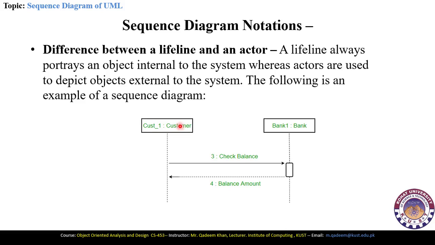So it means that in the lifeline there are two different classes here, but the actor will always lie outside of this sequence diagram somewhere here. So this is the example of the sequence diagram which shows the difference between a lifeline and an actor. The lifeline resides inside of the sequence diagram, while the actor is always shown outside of the sequence diagram.